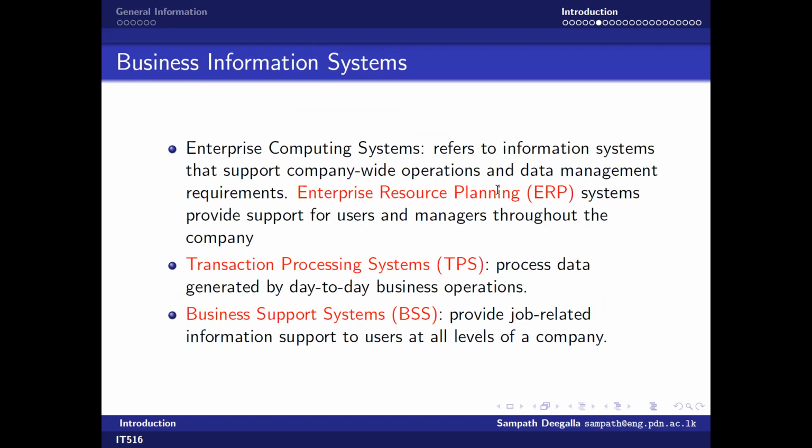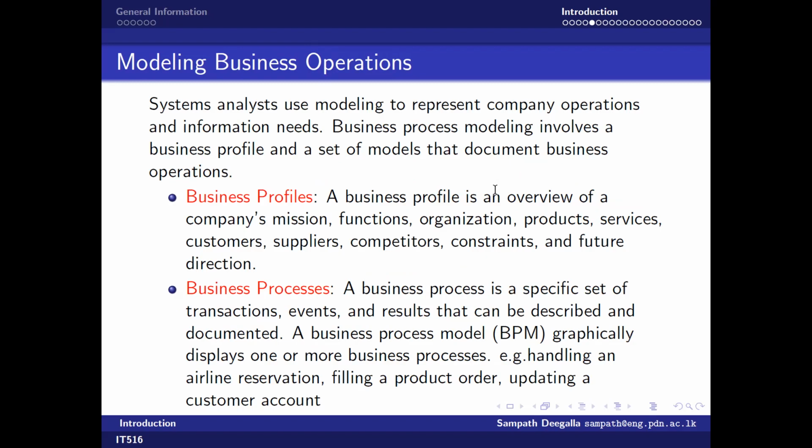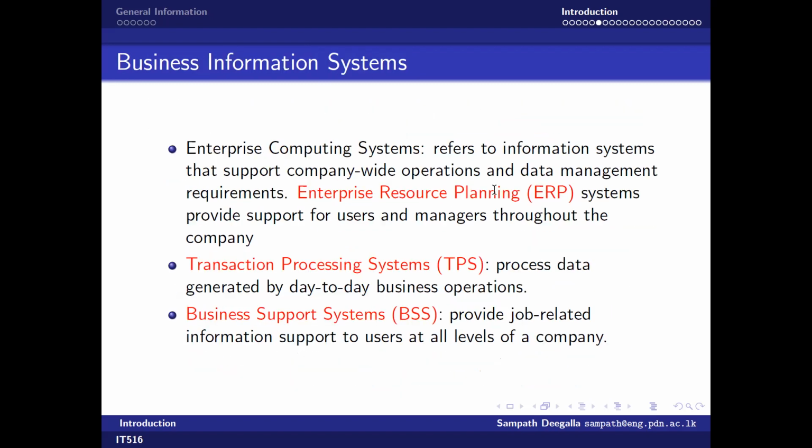Right. And when we look at business information systems, there are different types of systems we use. Some of your organizations might have enterprise computer systems, which support company-wide operations for users, managers, and top management. So from users to the senior managers, these systems can support everyone.